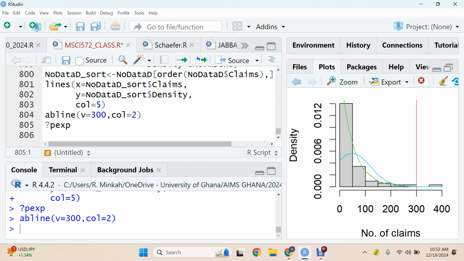You see, what we are doing is the proportion of claims over 300, right? What you find from the data is what the data is telling you empirically. But if you have fitted the distribution, how do you check? If you are an insurance company and you have claims over here that are so huge, they can collapse the company.